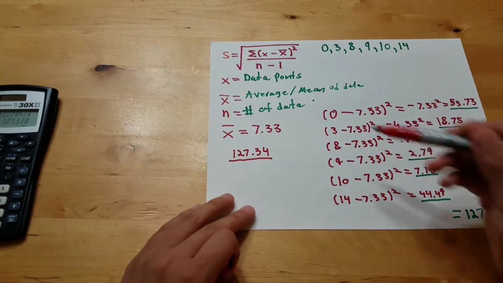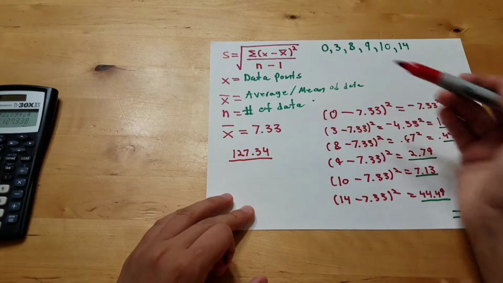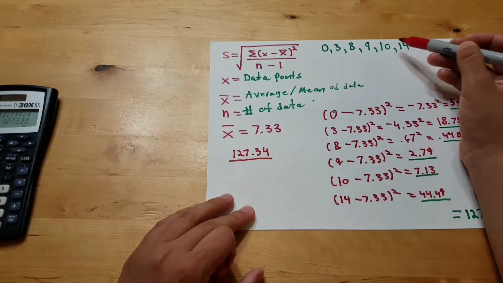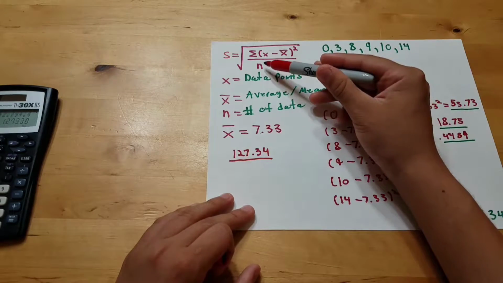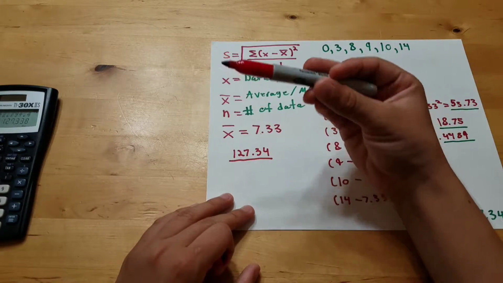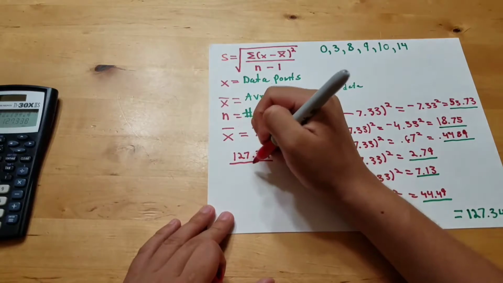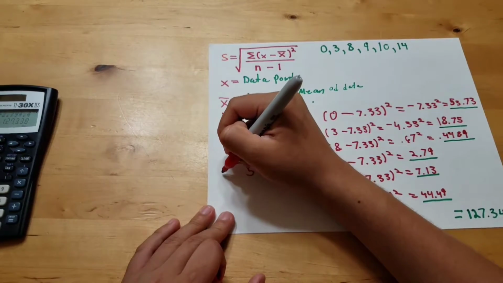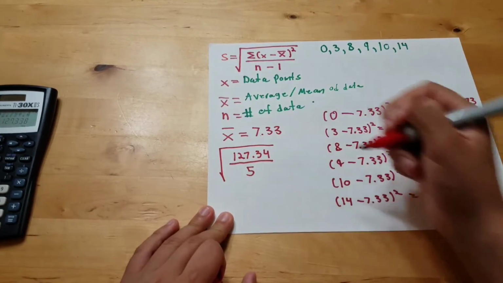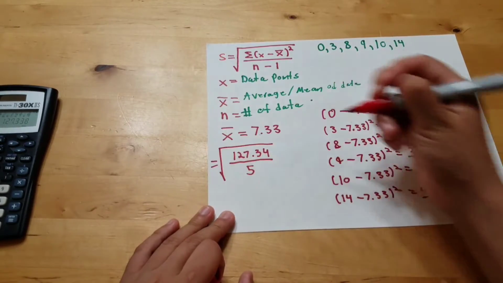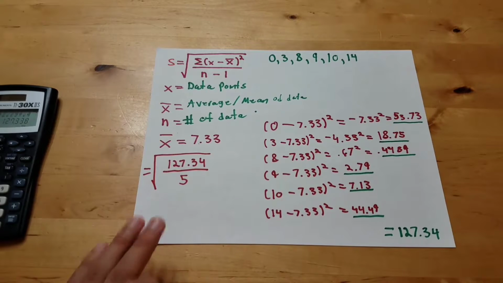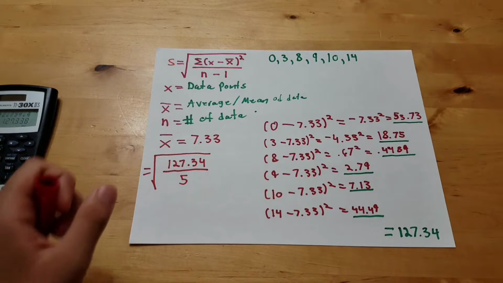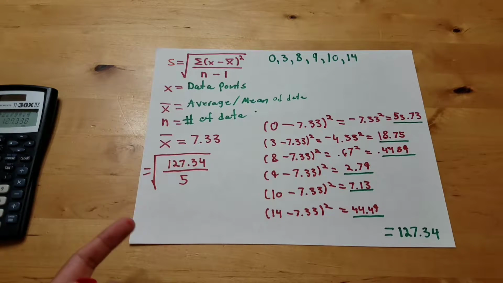Now remember, n is the number of data points. So here we have 1, 2, 3, 4, 5, 6. So 6 minus 1 is 5, with the square root. I know that for different teachers it's either n minus 1 or n.